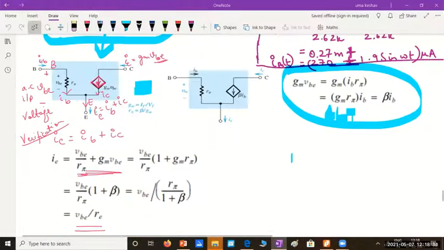So how do I represent the current here? I'll represent it using a current source, that too a dependent current source. If it is independent, it will be represented as a circle. For a dependent current source, I have to use something like a diamond shape or square shape.